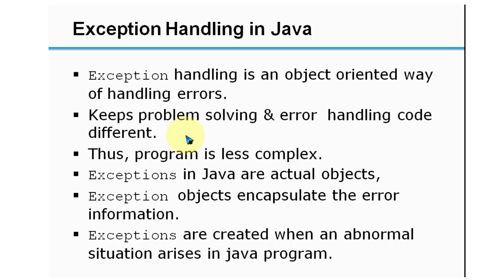Thus the program is less complex, because code maintainability will be easy in that case. Exceptions in Java are actual objects, and the object encapsulates the error information. That means it returns the exact error information when you are dealing with those errors. Exceptions are created when an abnormal situation arises in the Java program.